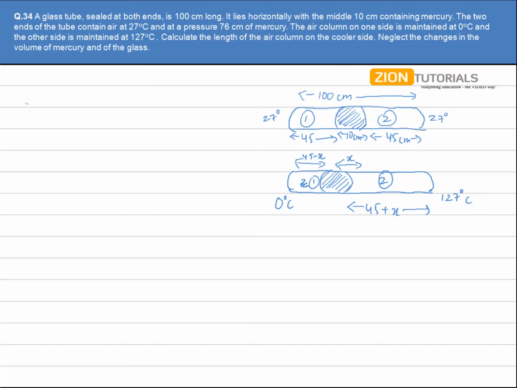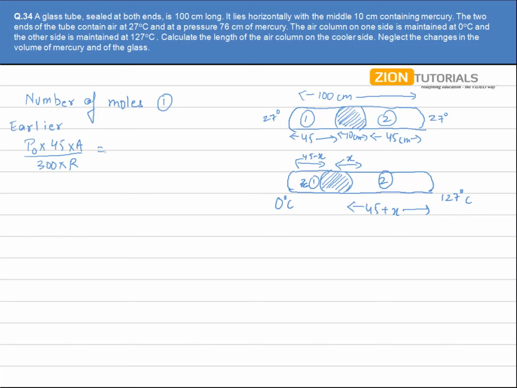So now what we have to do is consider the number of moles in container 1. Earlier, the number of moles was PV over RT. Let us suppose the pressure was P naught, and the volume was 45 into area of the tube, divided by the temperature, 300 Kelvin, into R, right?